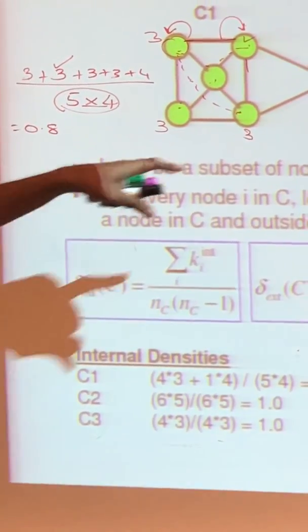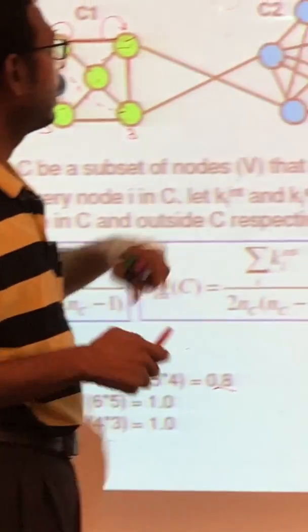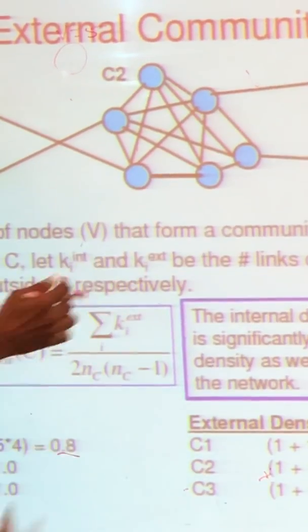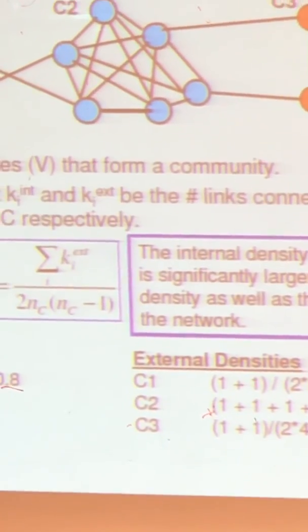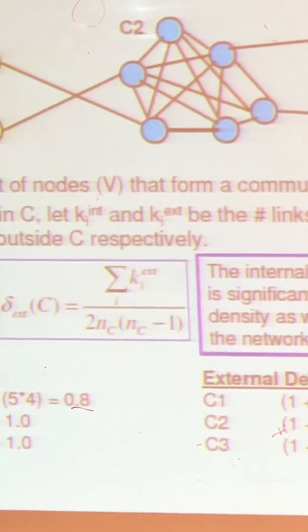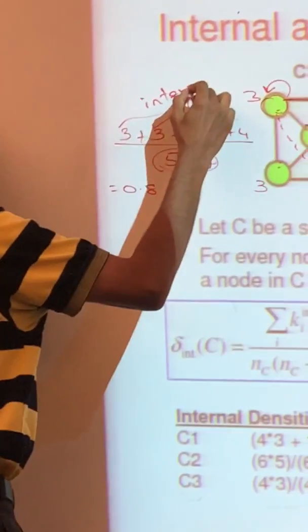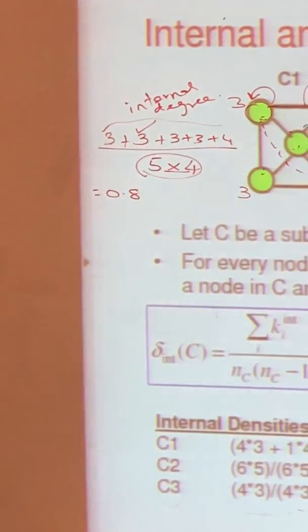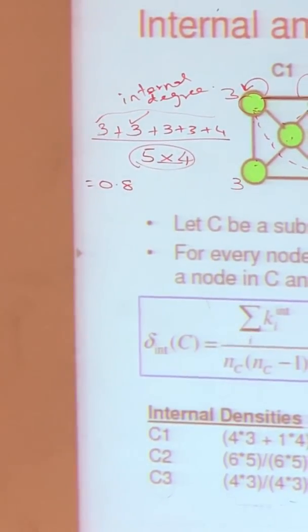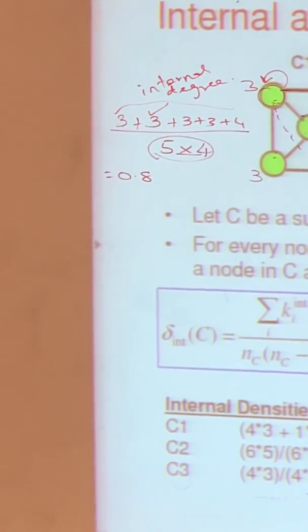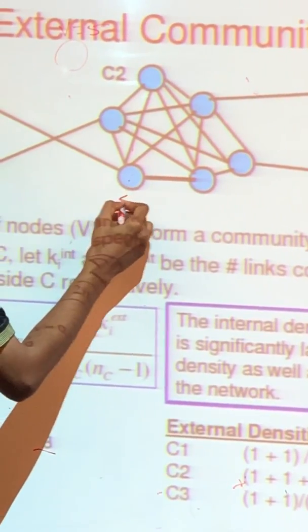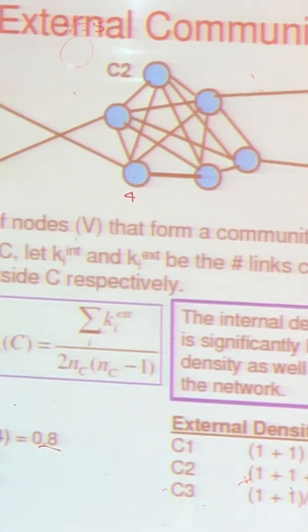Alright, let us do it for this community. So just based on the graph, compute what we can call the internal degree. These numbers we came up with would be called the internal degree. Why can they be called internal degree? Because these are the number of edges connected to vertices within the community. All right. So let us compute the internal degree for the blue vertices here. So 1, 2, 3, 4, right?